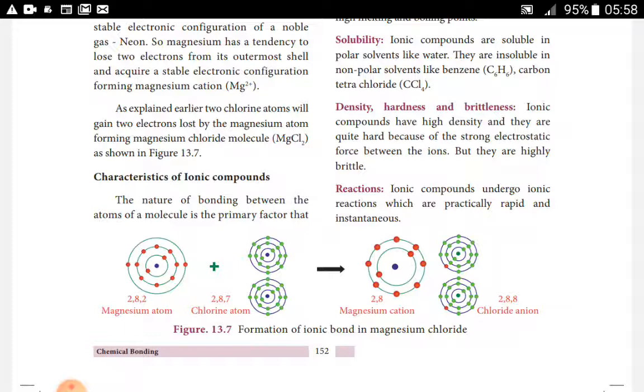And the reaction: ionic compounds undergo ionic reactions, and these reactions are rapid. The reactions take place very fast, almost instantaneously, because the ions are very quick to react to give a new compound.